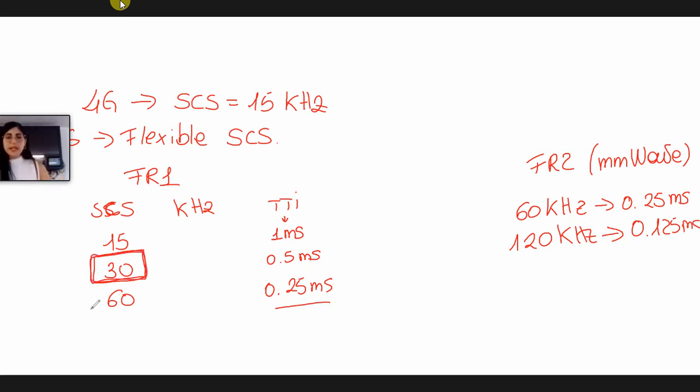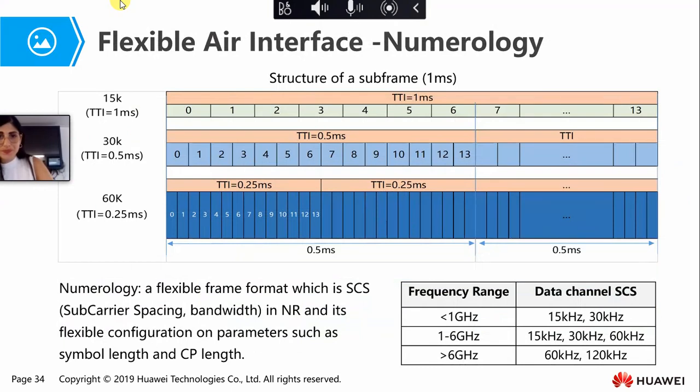So let's see why it is an advantage to have a flexible sub-carrier spacing. Having a flexible sub-carrier spacing allows us also to have a flexible frame structure. This flexible frame structure is called numerology. So whenever you see numerology, you know that we are referring to the flexible frame structure.